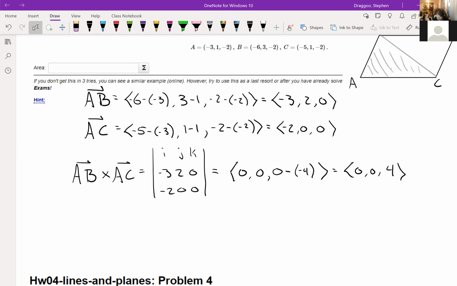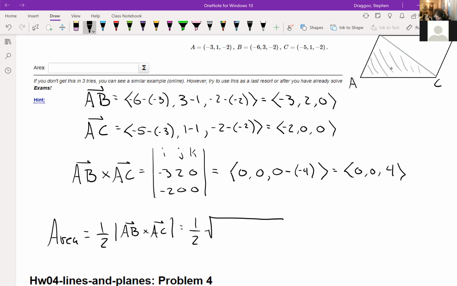Finally, I want the area of the triangle, which should be 1/2 of the magnitude of that cross product, AB cross AC, which is going to be 1/2 times the square root of 0 squared plus 0 squared plus 4 squared. So that'll be the square root of 16, which is 4.